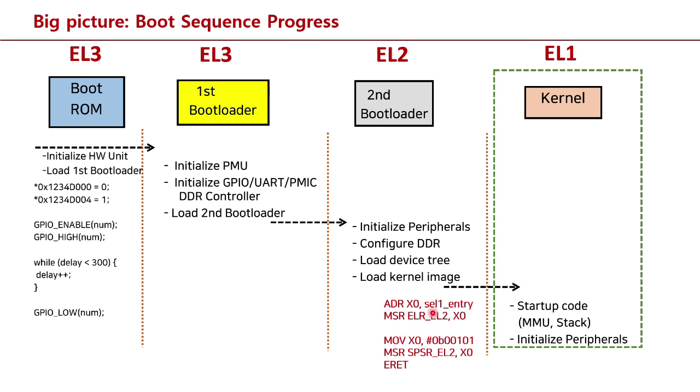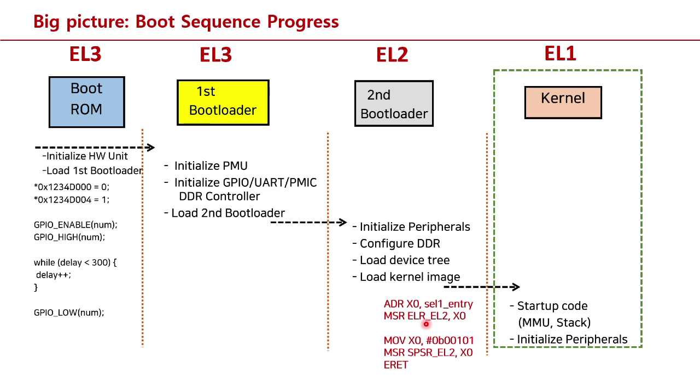The first thing it does is switch the current exception level from exception level 2 to exception level 1, and then the program counter is moved to this address. After this assembly instruction is performed, the Linux kernel will start to run at exception level 1.